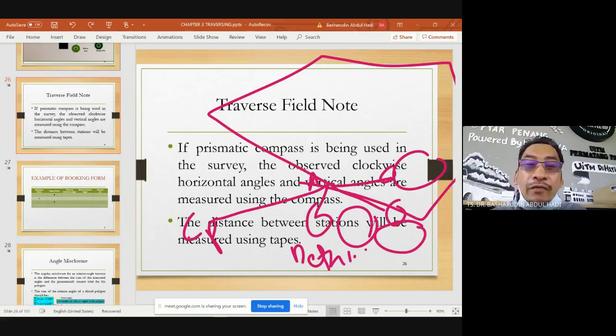If you have a total station, your angle is measured by the total station, and the distance is also measured by the total station using a laser pushed to the target, and the target will reflect back to the total station. The total station will calculate the distance. So that is automatic.